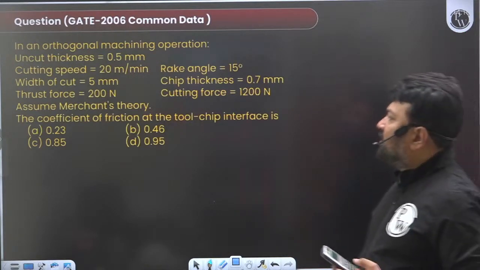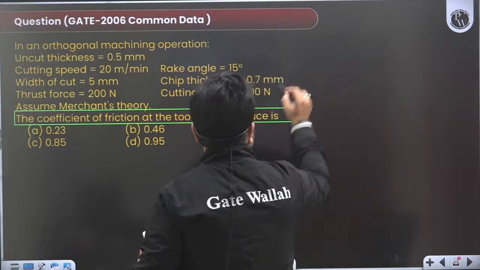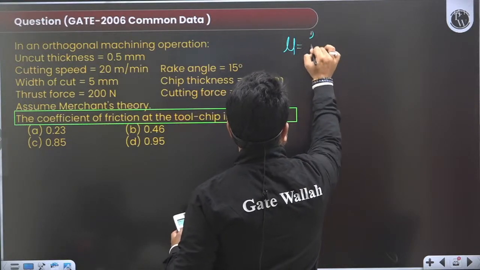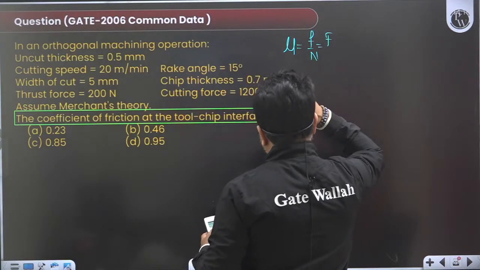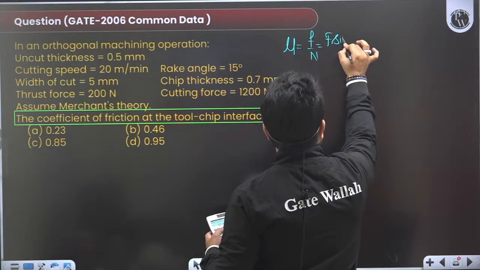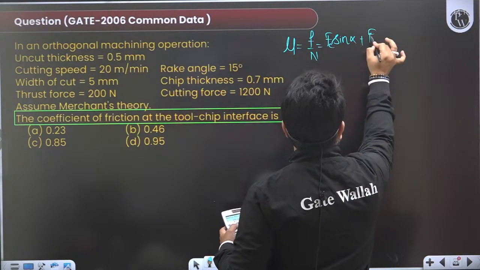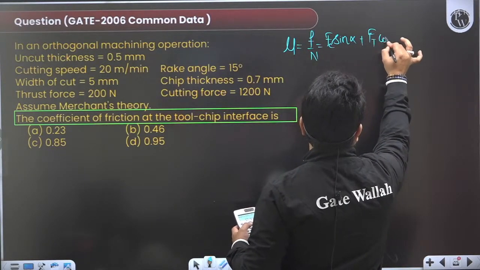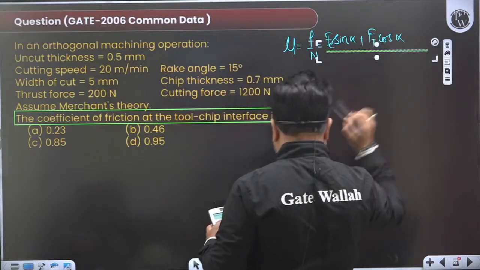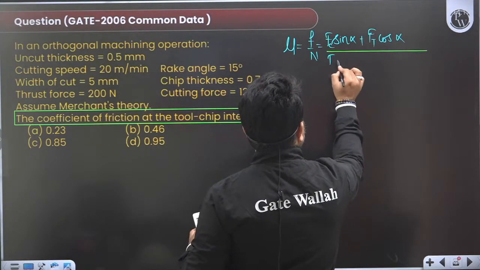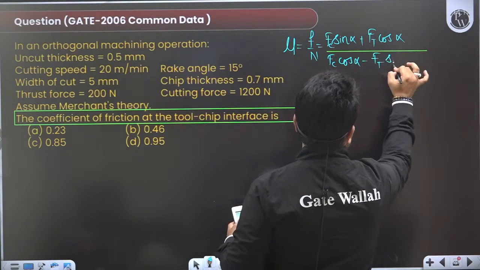Next, the coefficient of friction we have to find out. So mu equal to F by N, that is Fc sin alpha plus Ft cos alpha, divided by Fc cos alpha minus Ft sin alpha.